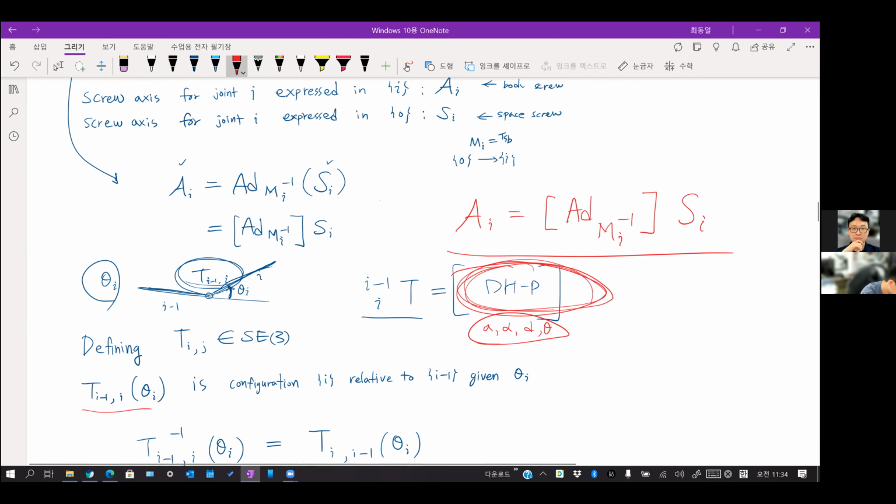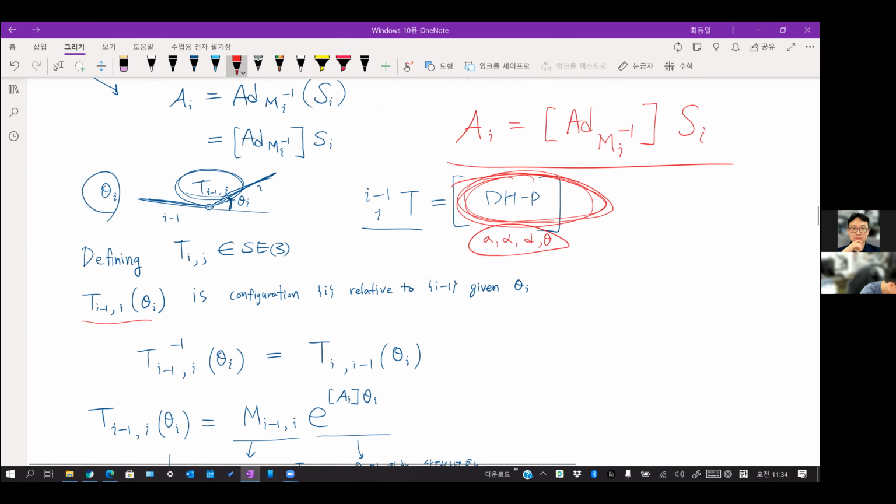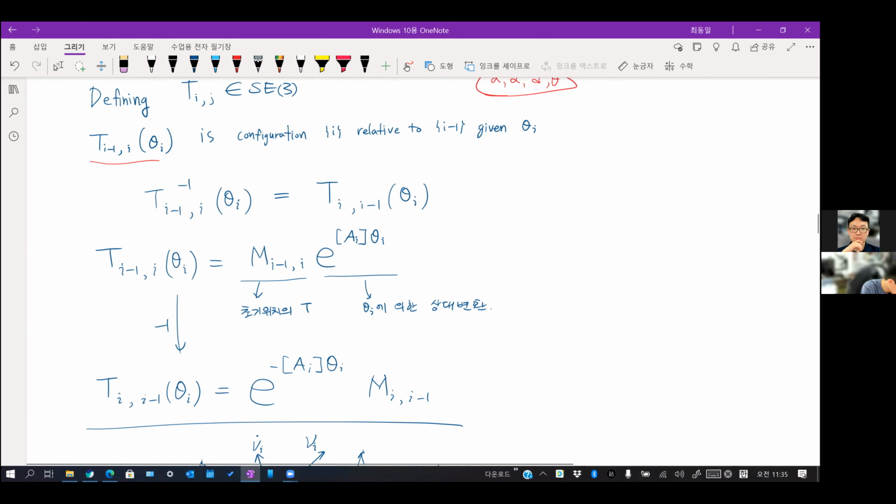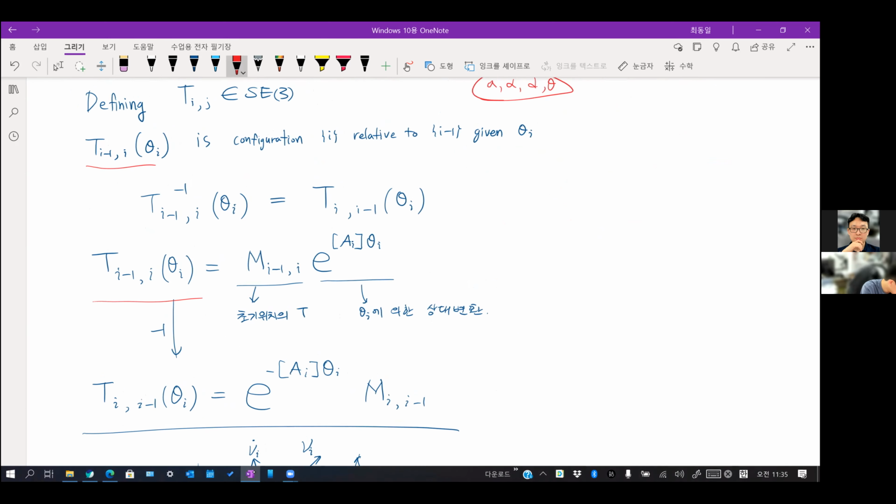Okay, let me think about this one. If we change these two values, we can take the inverse here, and the T_{i-1,i} transformation itself can be represented by these two things.